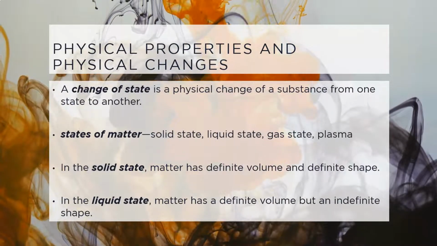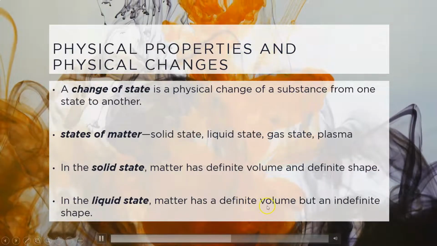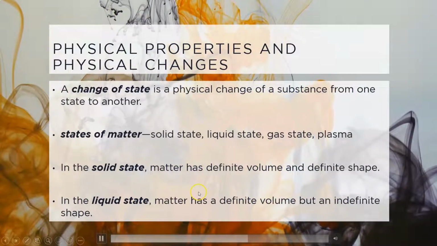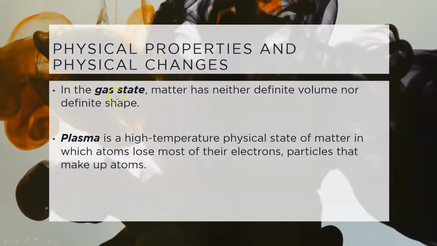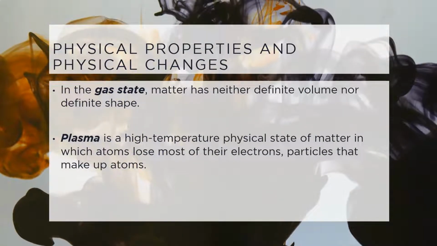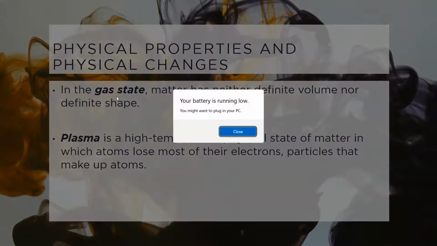When we get a little more energy into it, it becomes a liquid. It's still going to have a volume we can measure, but the shape is going to take the shape of its container. Same with gas. Gas is going to take up the shape of its container, and it won't have a definite shape or a definite volume. And then we get even more energy.